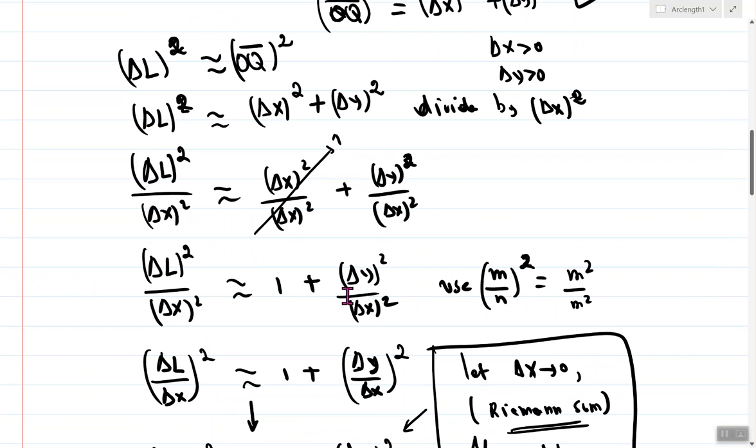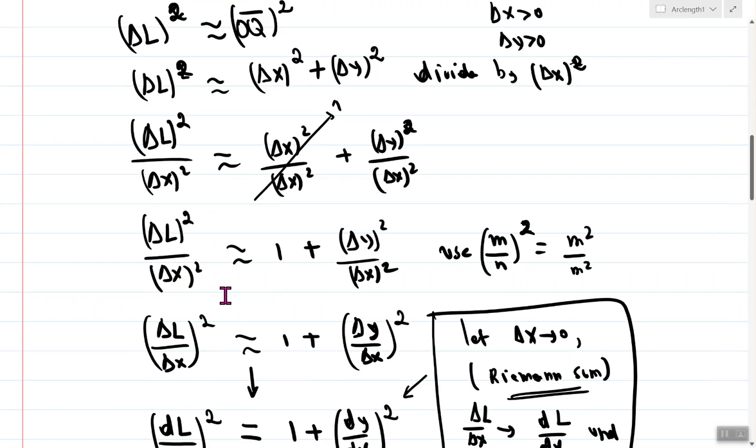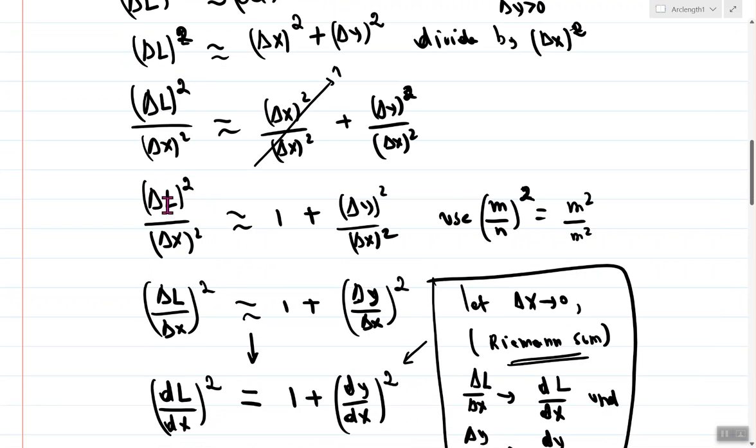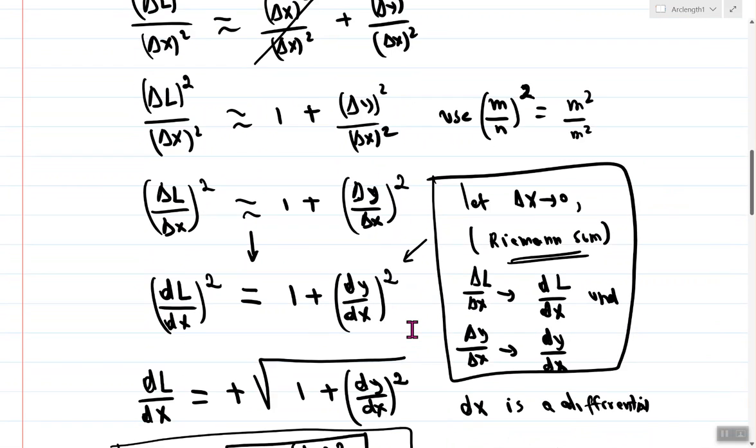From here, we go back to the property from precalculus: we can express m over n all squared as m squared over n squared. So that's why we can change delta L squared over delta X squared into delta L over delta X all squared. Do the same thing here, and we get delta Y over delta X all squared.